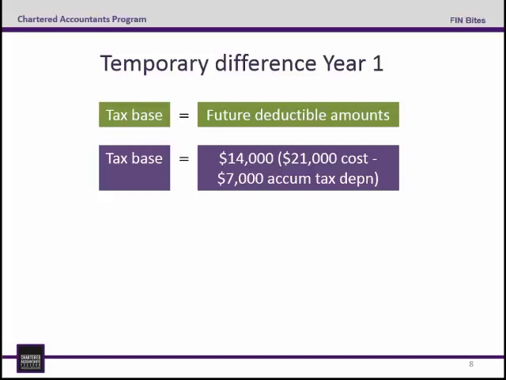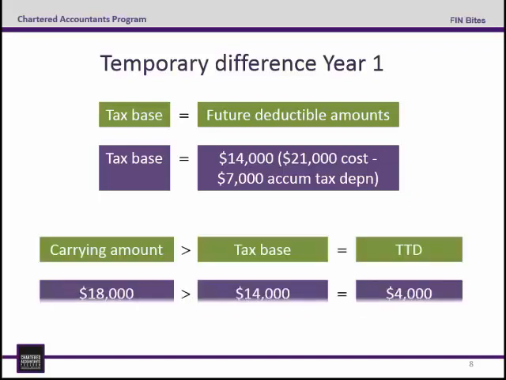They represent the future deductible amounts for that asset, because remember, we've got 2 more years of tax depreciation to claim. So our tax base is $14,000. Our carrying amount that we looked at on the previous slide is $18,000. The carrying amount is greater than the tax base. We've got a $4,000 taxable temporary difference.